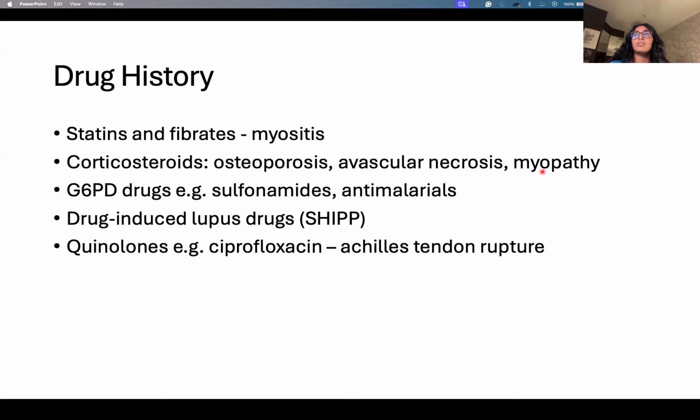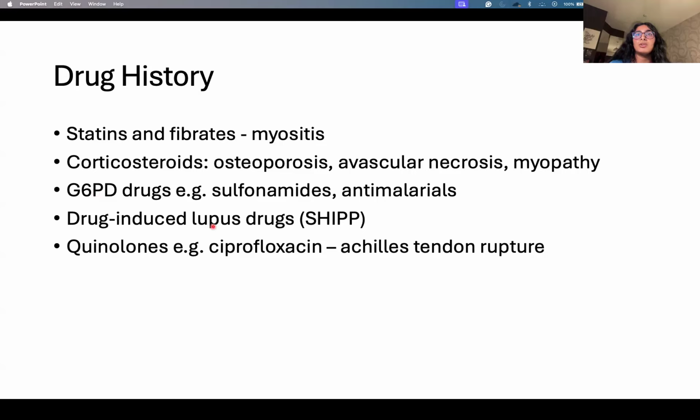And myopathy in general, it just can cause it. Antibiotics and anti-malarials can precipitate this sort of joint pain.